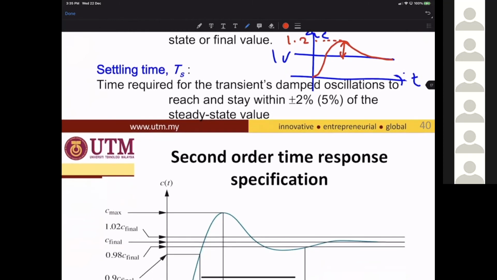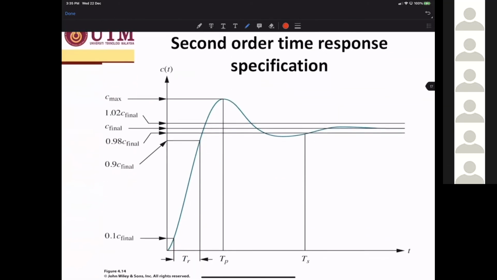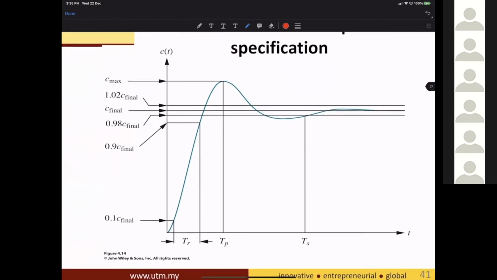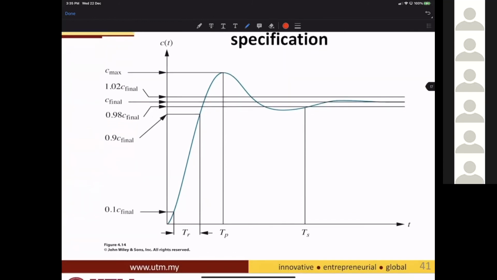And settling time is the time required to reach and stay within plus minus 2% of the steady state value, which is shown in the second order time response spec here. Okay. Rise time, peak time, settling time.